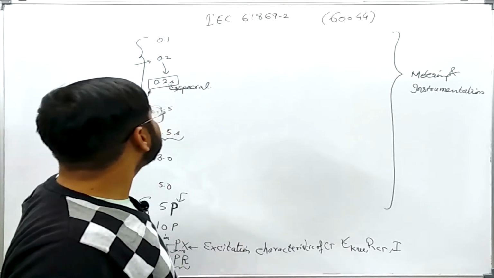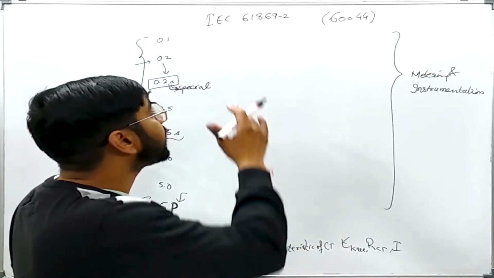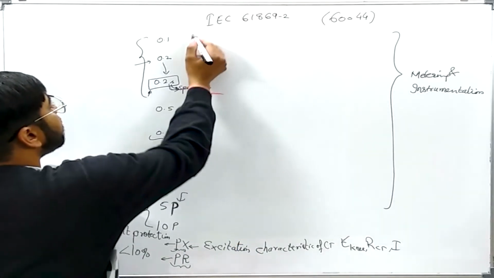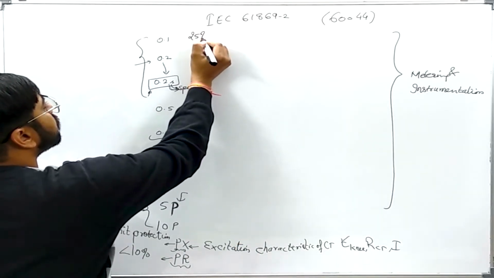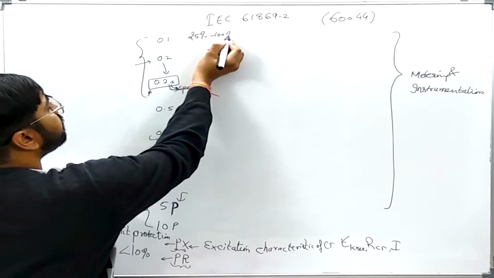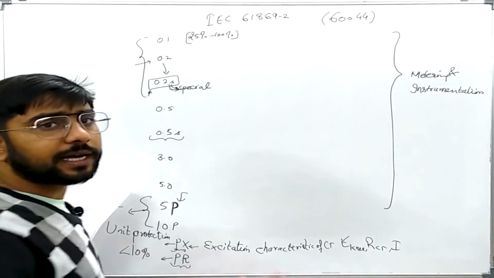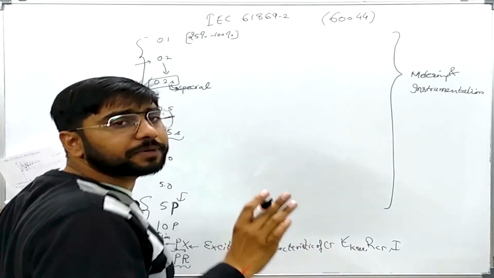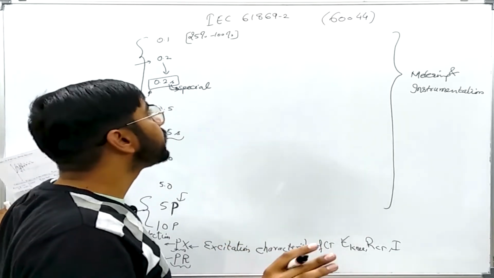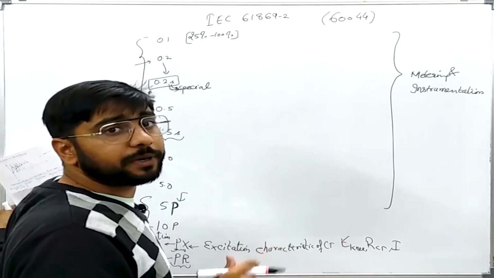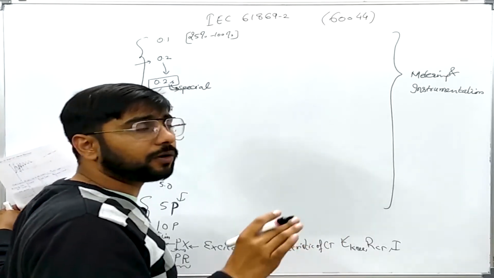Now let us see what the characteristics of these kinds of CTs are. Usually these CTs are used for 25% to 100% of the rated VA capacity of the CT. Let us say the CT has a rated capacity of 100 volt-ampere burden. IEC usually shows burden in VA and IEEE usually shows burden in ohms.